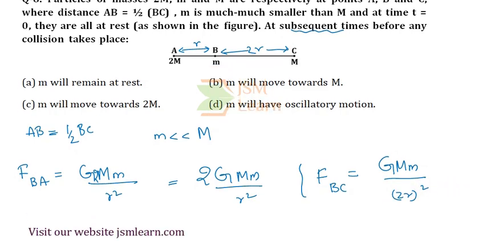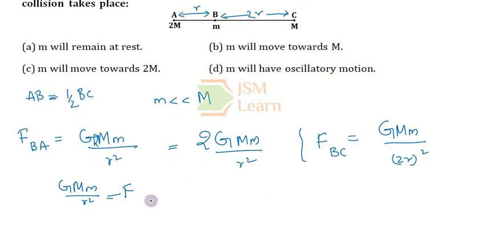In order to compare which force is greater, let us denote GMm by R squared by capital F, so that it is easy to compare. The force on B due to A will be 2F, and the force on B due to C will be F by 4.